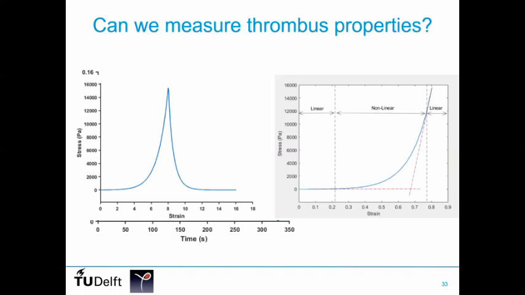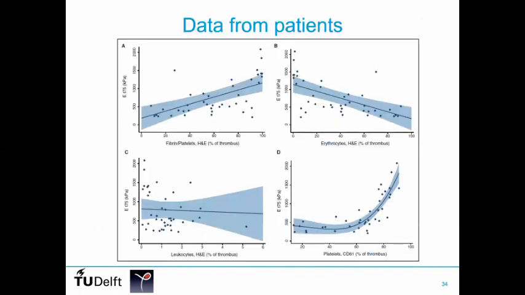And this protocol we applied to a first initial data set that we got from 20 patients, where we generated these samples that we could subject to thrombectomy.